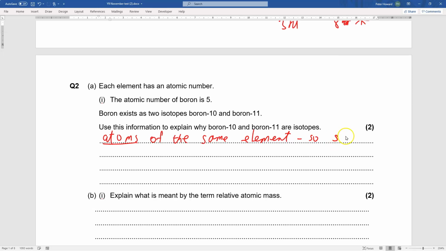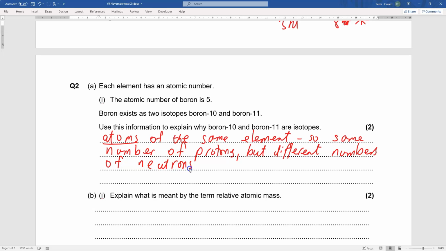So same number of protons, but different numbers of neutrons. Now again, if you got it wrong, I would like you to write that down.